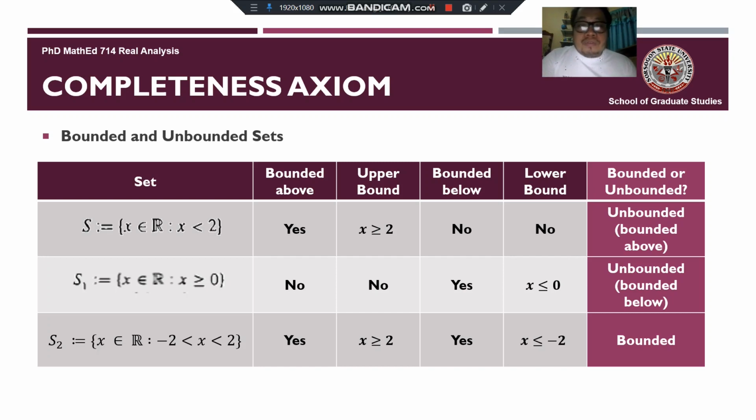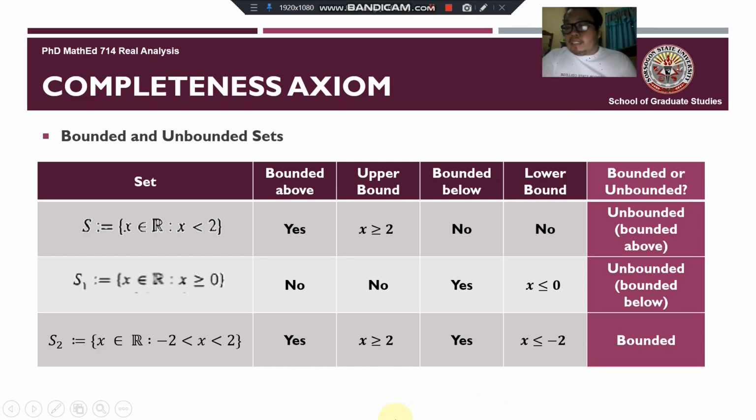It is not bounded above, therefore it doesn't contain an upper bound, while it is bounded below, and it contains the lower bound that starts from 0 to negative infinity. As stated, x is less than or equal to 0. So with that, it is unbounded since it only satisfies the condition of being bounded below.